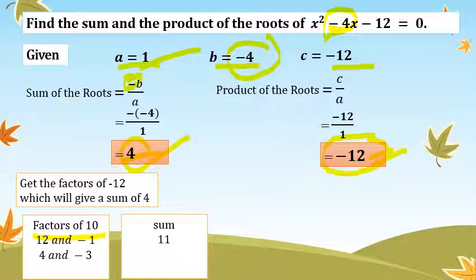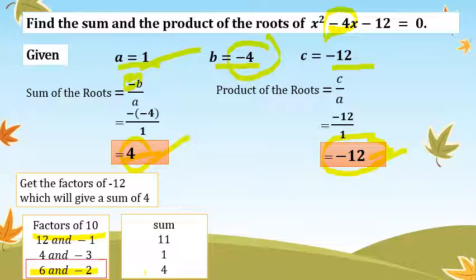So, 4 plus negative 3, the answer is 1. Next, 6 and negative 2. 6 plus negative 2, the answer is 4. Okay? Ibig sabihin, ang roots ng given ay 6 and negative 2.